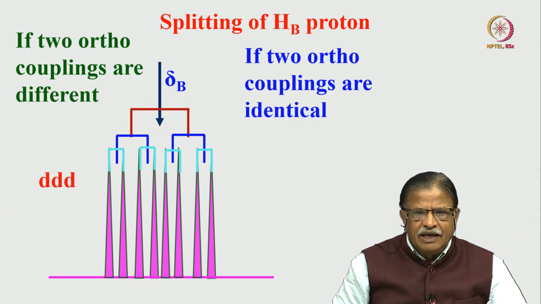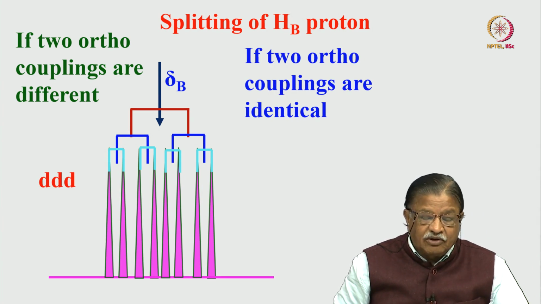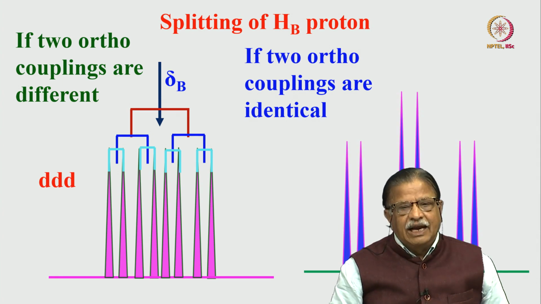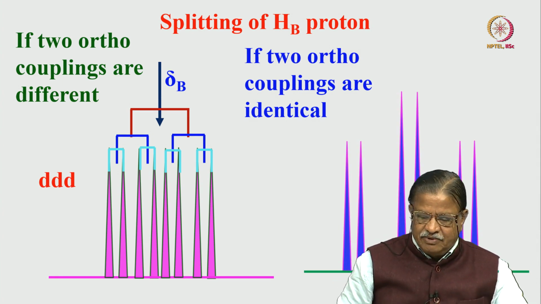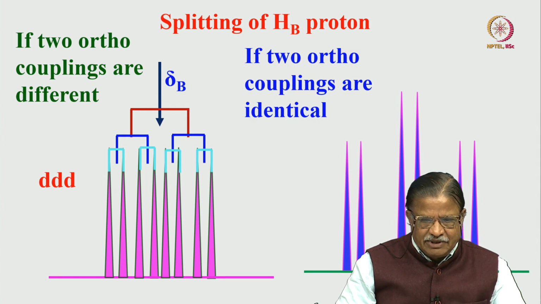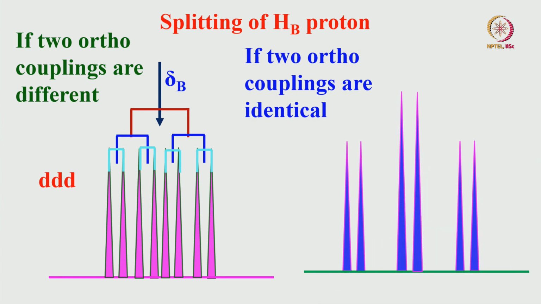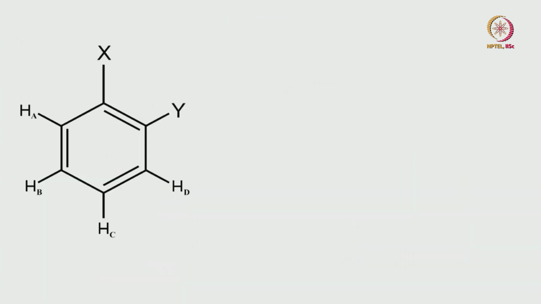Assuming a situation where the two ortho couplings are identical, not different, you are going to get a triplet of doublets. The large triplet comes because the two ortho couplings are equal, and then each line of the triplet is split into a doublet because of the para coupling. It is a triplet of doublets.